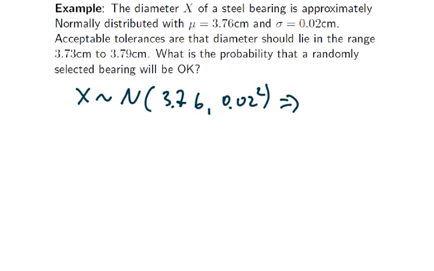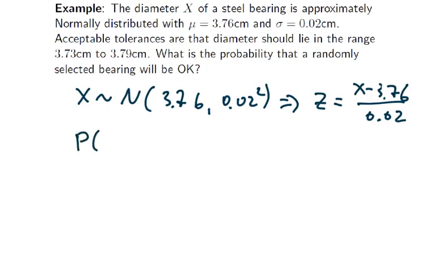We get to random variable z, which has normal distribution and which is related to random variable x by this formula: x minus 3.76 divided by 0.02.